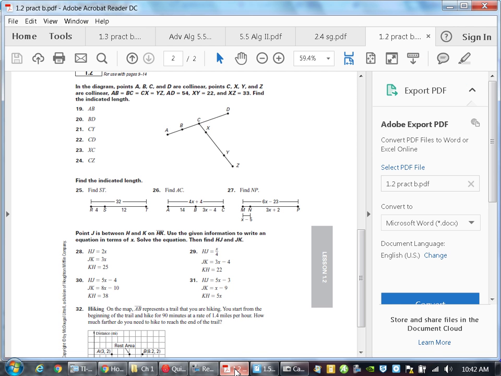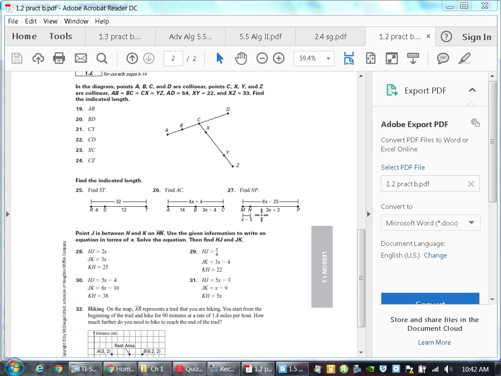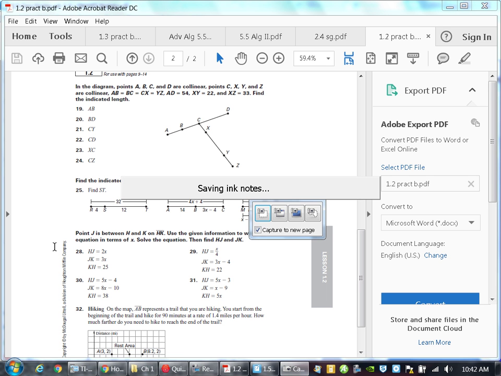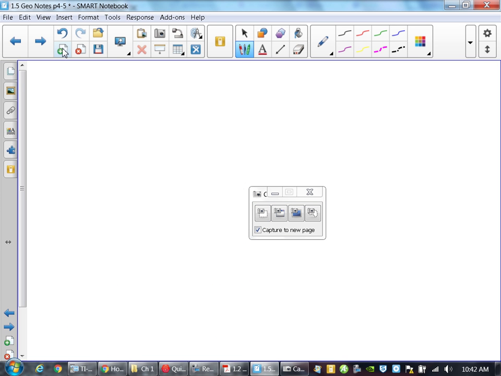Let's see, what was the other one that we had on that? After we did those, we started talking about these three things.